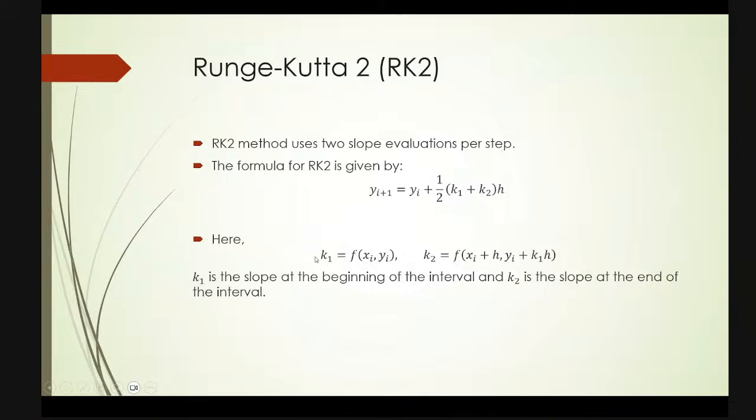So this is how we compute the slopes k1 and k2. k1, which is the slope at the beginning point of the interval, is simply f(x_i, y_i), and k2 is the slope f(x_{i+1}, y_{i+1}). As you can observe here, y_{i+1} equals y_i + k1h, which is basically the Euler method used to compute y_{i+1}. Therefore, we can say that this k2 is an improved estimate of the slope at the ending point of the interval, which uses the information from the slope k1.